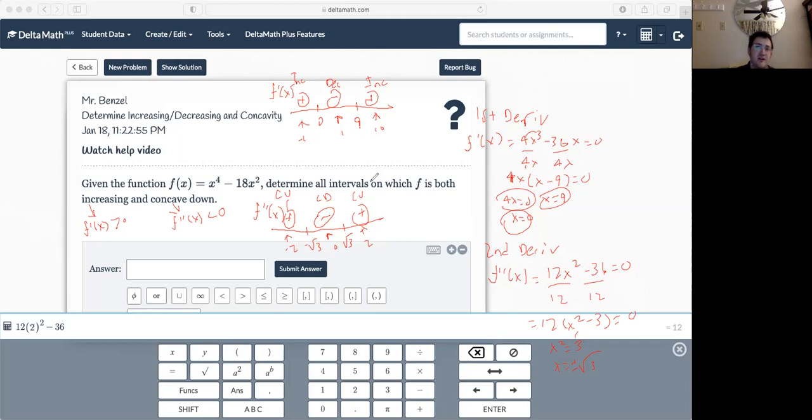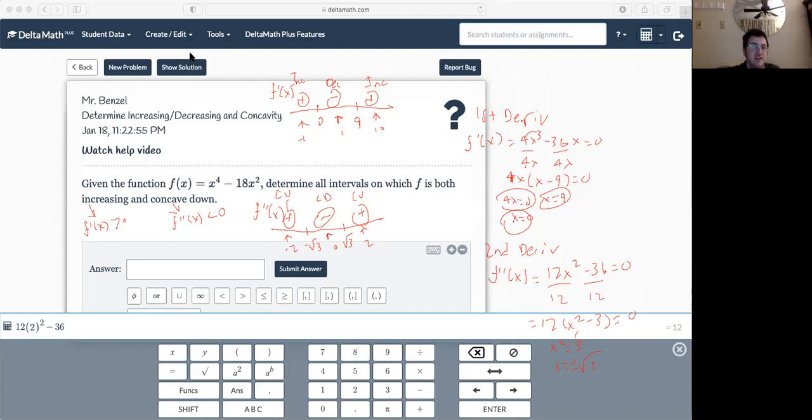So it turns out that below 0 is increasing. So the part beyond 0 to square root of 3, we're going through that concave down, but we are decreasing.